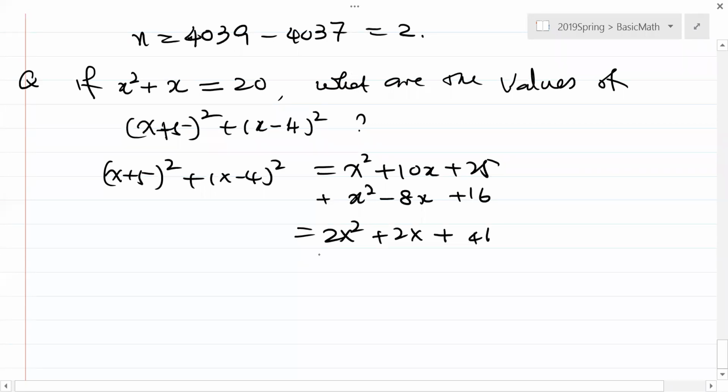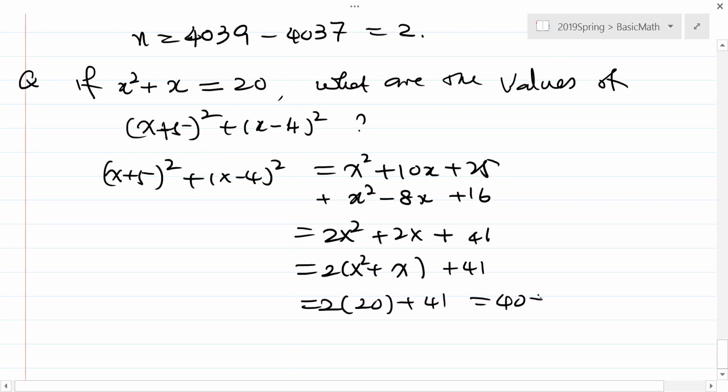But you know the value of x squared plus x. You don't need to know the exact value of x. It's 20 times 2, which is 40, plus 41, and that is going to be 81. What if we guess and check the first one?